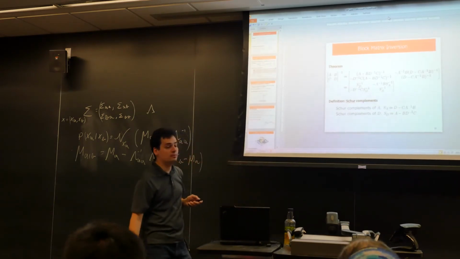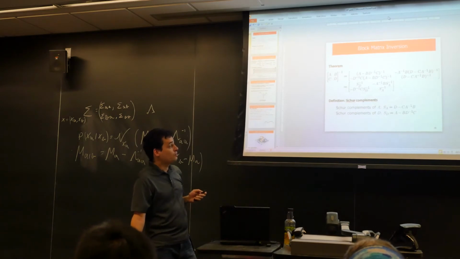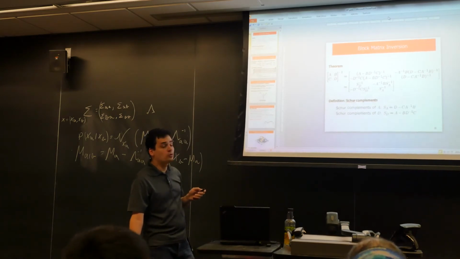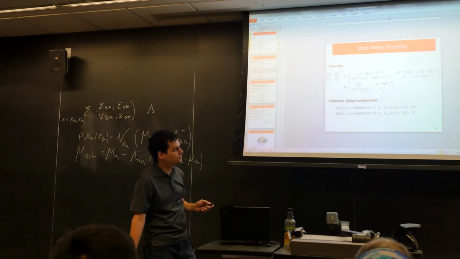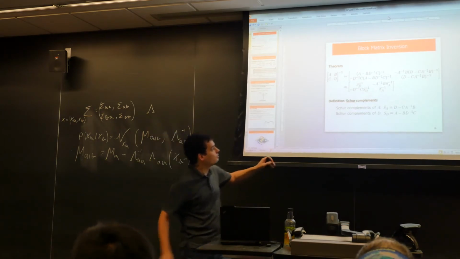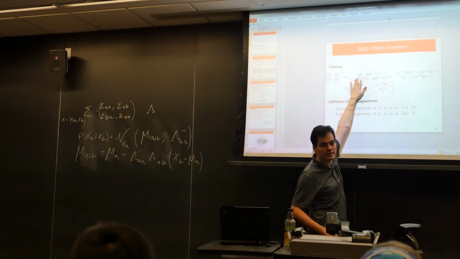There's a theorem which is very important. If you have a matrix, partition it into blocks, and say the original matrix is invertible, then you can calculate its inverse with these formulas. If you multiply this matrix with its inverse, you should get the identity matrix.